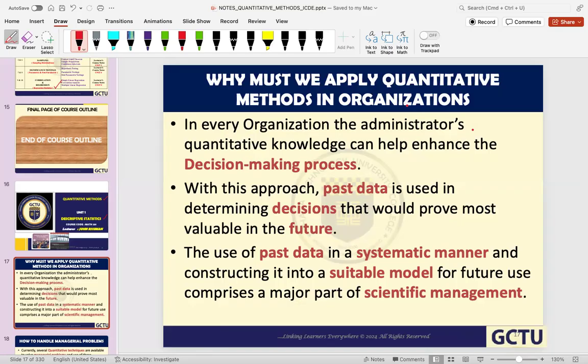Not only one organization, every organization, from social to security, they all apply quantitative methods. So if your foundation is weak in school, when it comes to application in the industry, sometimes it becomes a big problem. So you need to have a firm grip of quantitative methods before you can apply them.